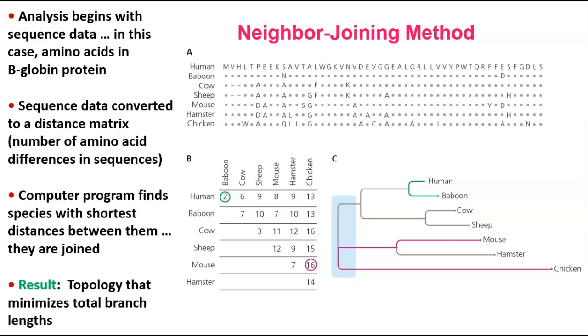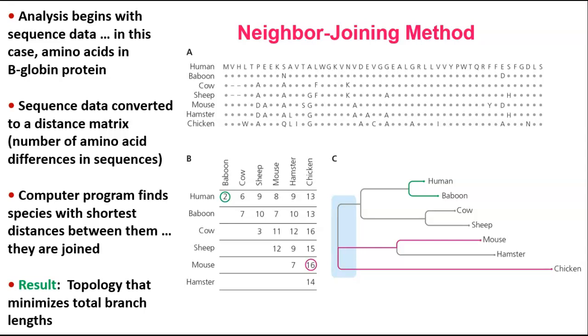So the number of differences in amino acids between the human and the baboon is only 2. Between the human and the cow is 6. Between the human and the sheep is 9, etc. Then you go one row down. Well, how about the baboon compared to the other species? And you see the number of differences. So the numbers that you see is the number of amino acid differences when doing these pairwise comparisons. So there's our distance matrix.